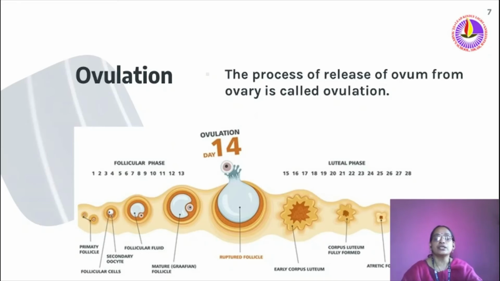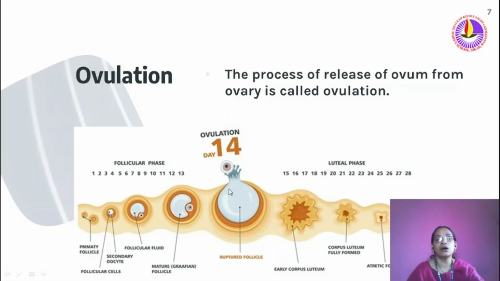Let us see what ovulation is. The process of release of an ovum from the ovary is called ovulation. Here you can see three stages: the follicular phase, ovulation and the luteal phase. The follicular phase lasts 1 to 13 days: primary follicle, follicular cells developing, secondary oocyte, follicular fluid, mature follicle.